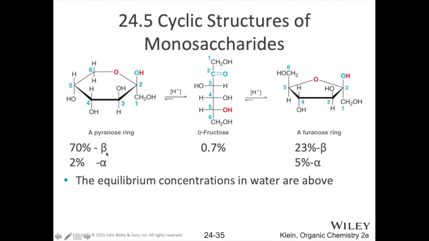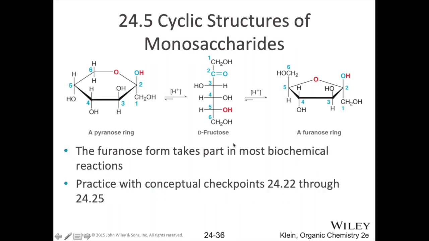So we're talking about the alpha and beta anomers of both the pyranose and the furanose. Now, while the beta pyranose is the highest percentage that we see here in the case of fructose, it's actually the furanose ring that we see taking part in most of the reactions in biochemical pathways.